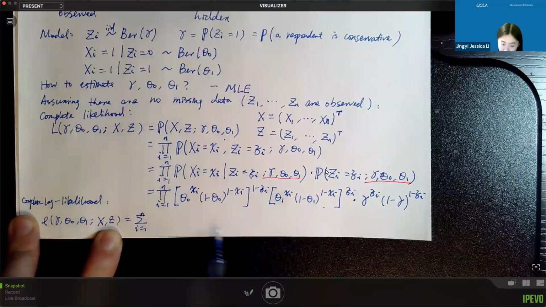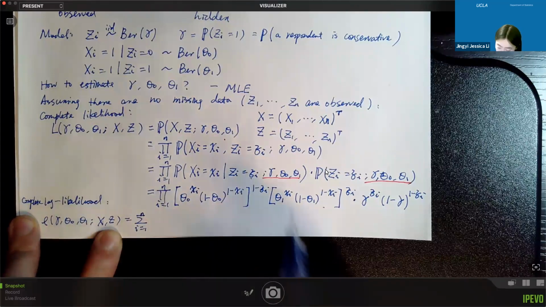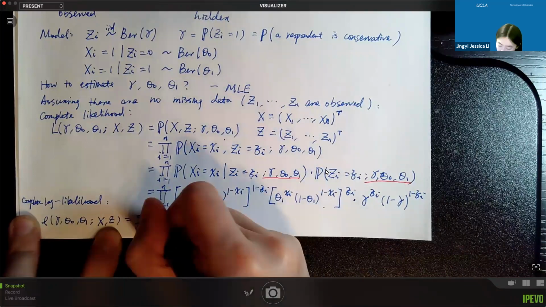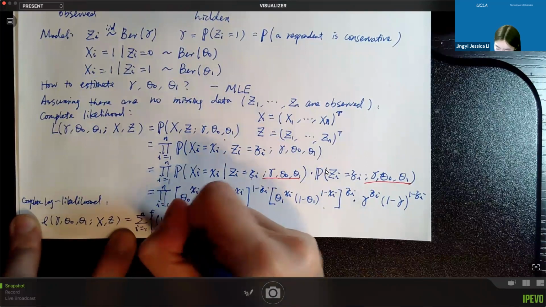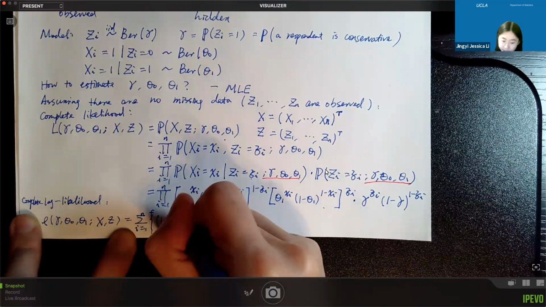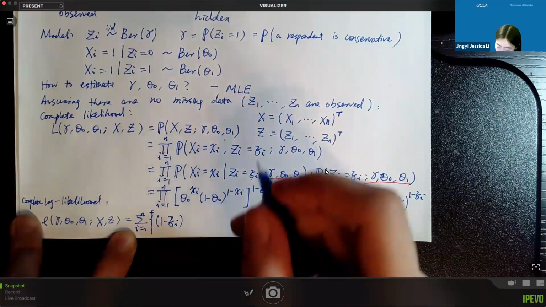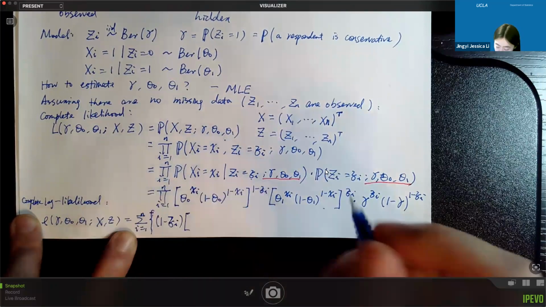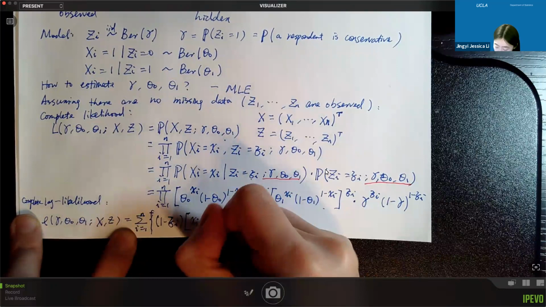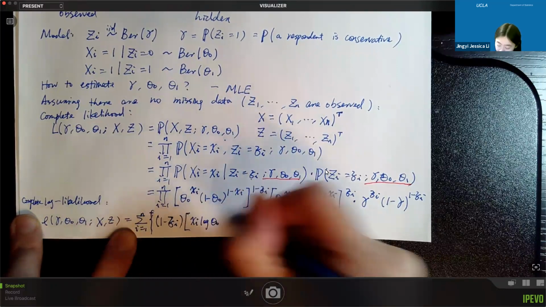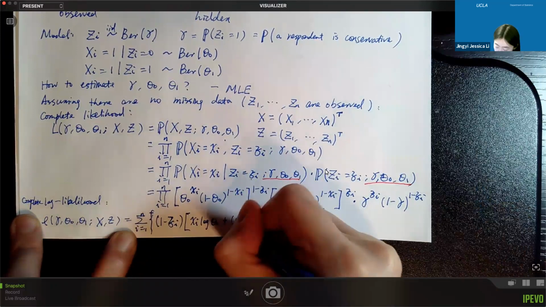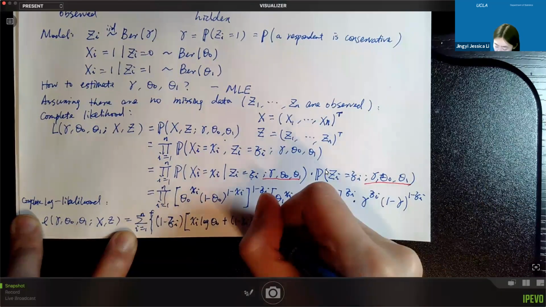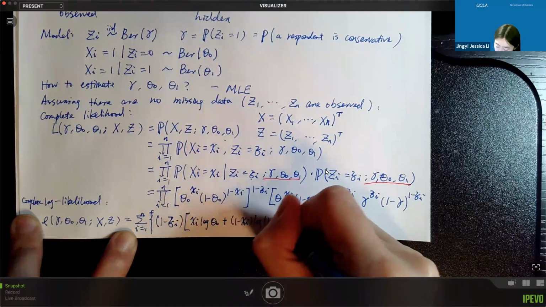Then I'm going to have 1 minus zi times xi log theta 0 plus 1 minus xi log 1 minus theta 0.